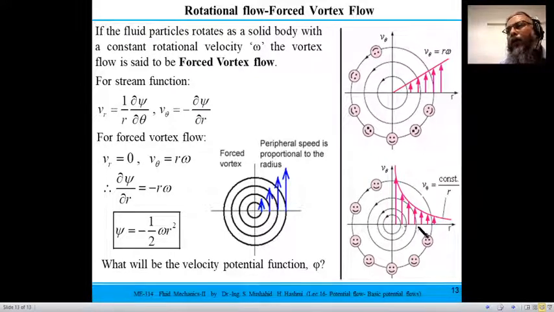The only thing is, as you go close to the center, your tangential speed increases, and as you go away from the center, your tangential speed decreases. That's why Ferris wheels have a bigger radius, because human beings cannot experience very high velocities. If your radius is smaller, then you may experience very high velocities. So the Ferris wheel is an example of an irrotational flow. Here we are able to finish today's lecture.